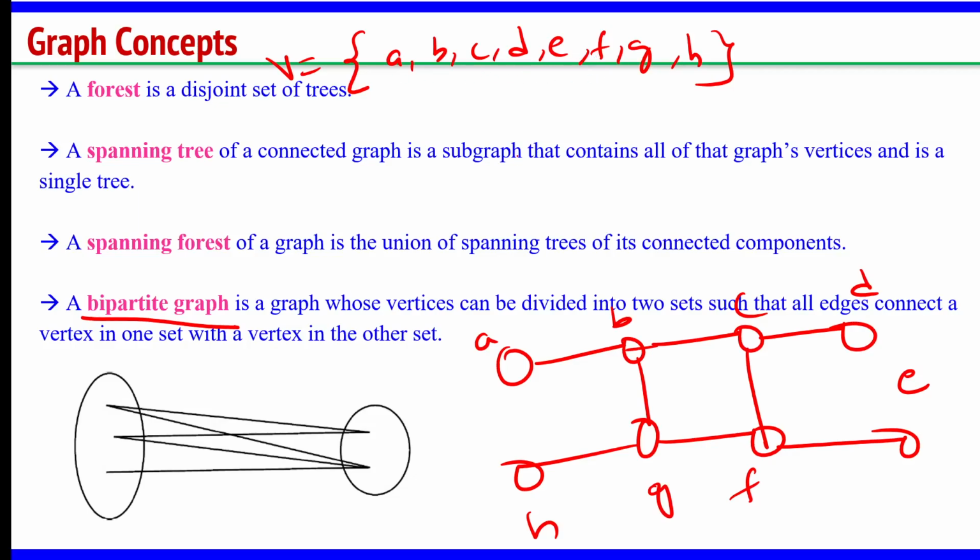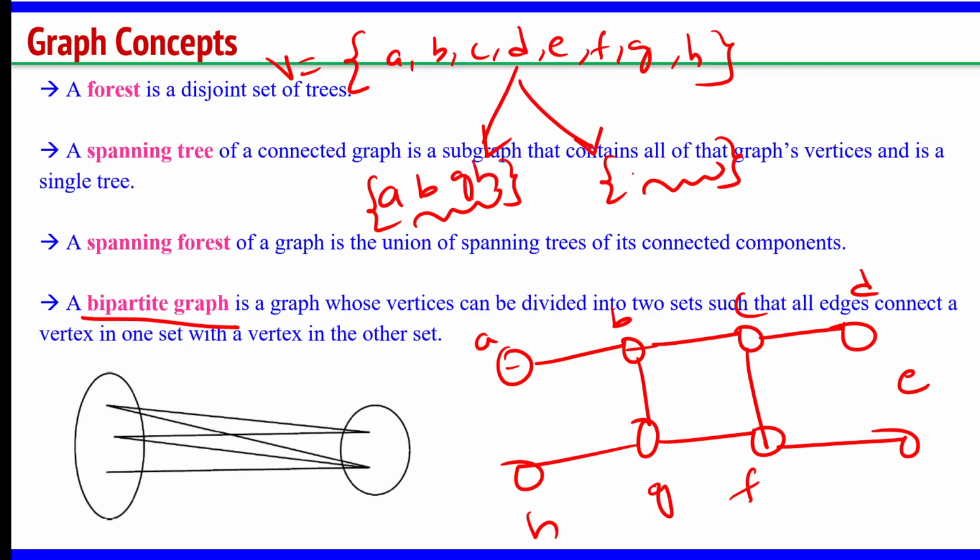Is there any possibility to partition this vertex set into 2 different sets of vertices, such that there is at least one edge between any one of these vertices to any one of these vertices? Can we do that? Yes, we can take A, B, G, H as one set, then C, D, F, E as another set.